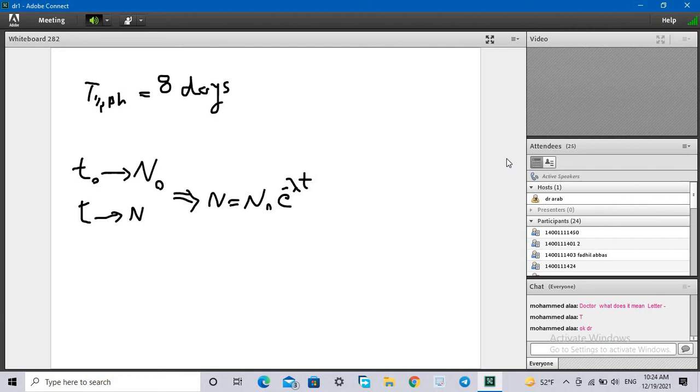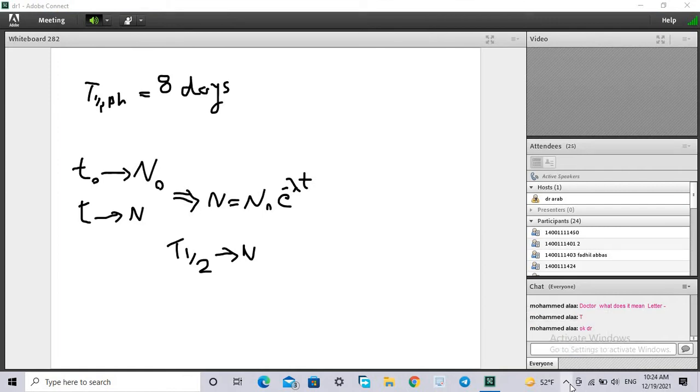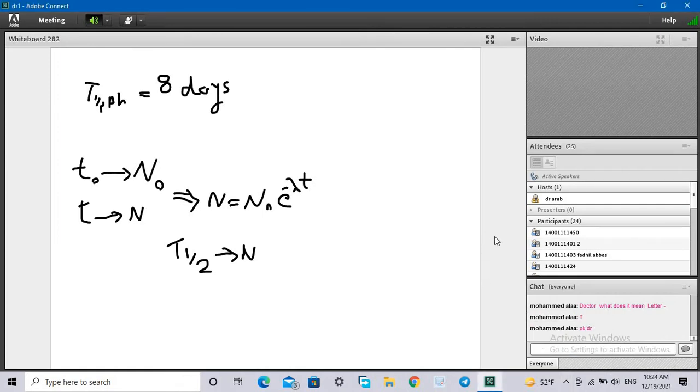And what is the half-life? It is the time that N equals 1/2 of N0.